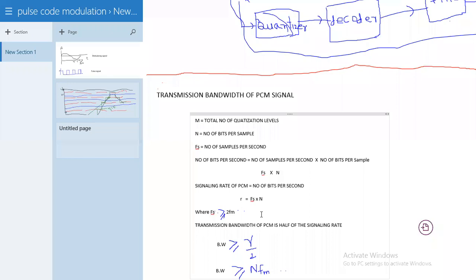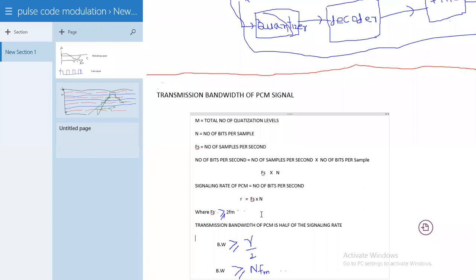The transmission bandwidth of PCM is half of the signaling rate.